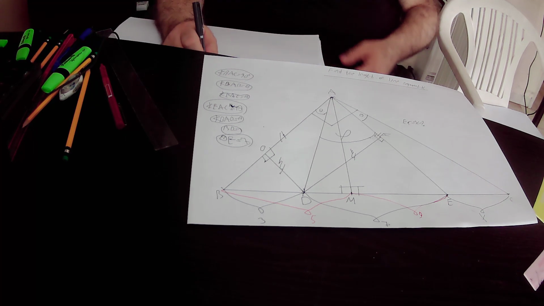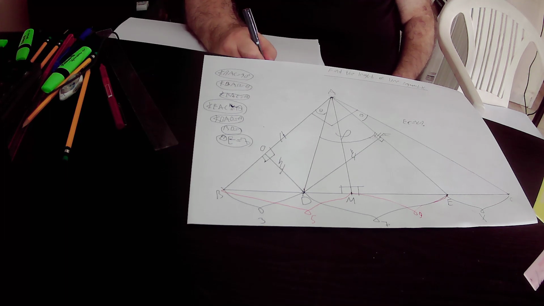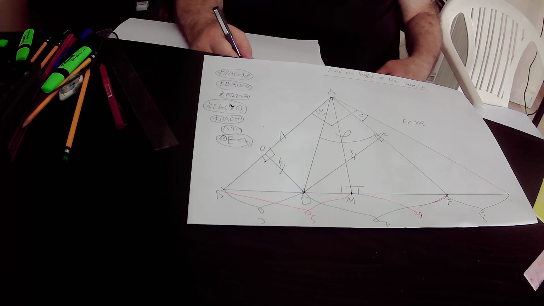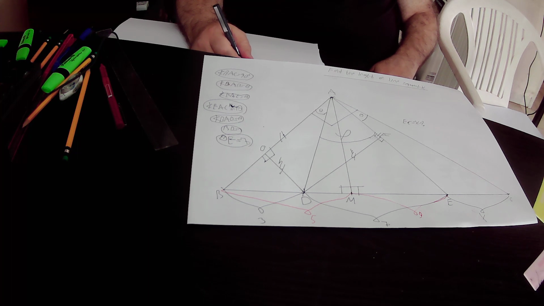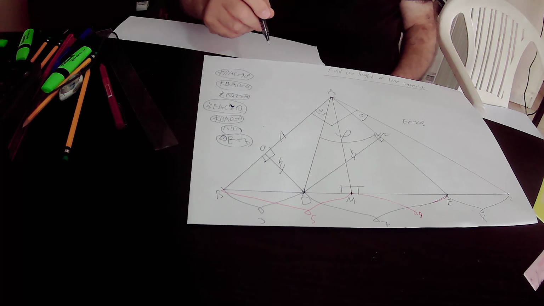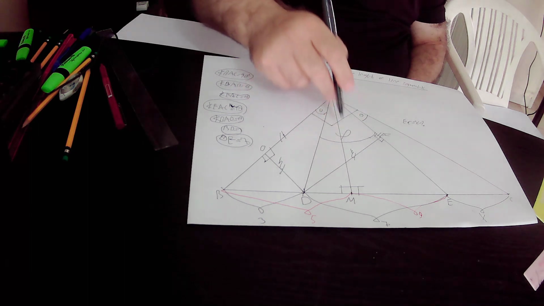From one side, angle BAE equals angle BAM plus angle MAE.